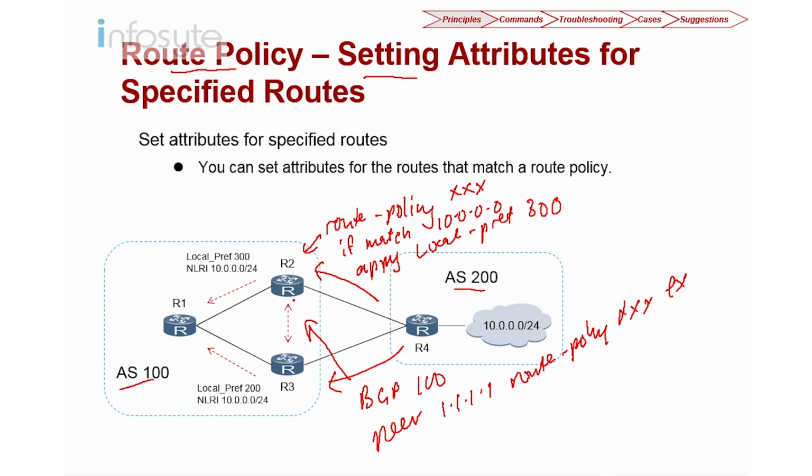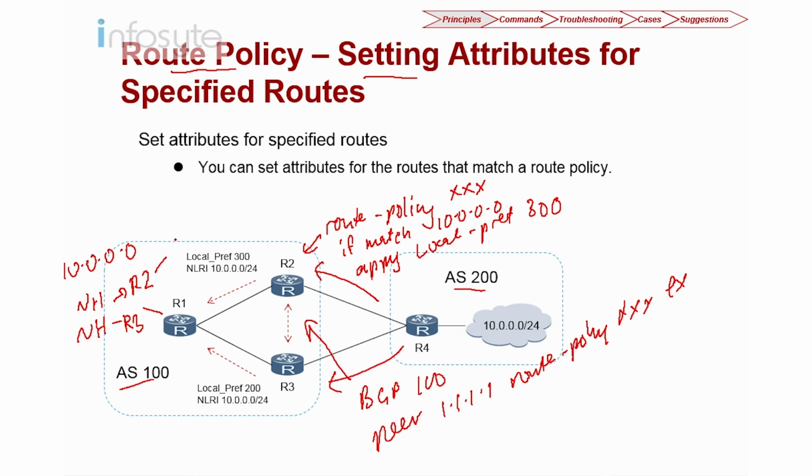And when R1 receives it, what will R1 do? R1 will have two next hops going to 10.0.0.0: the first one will be R2 and the second next hop will be R3.